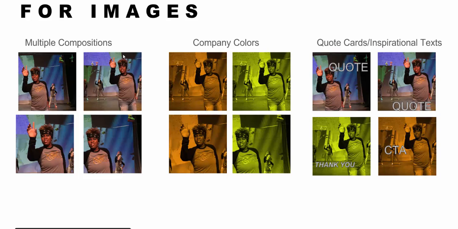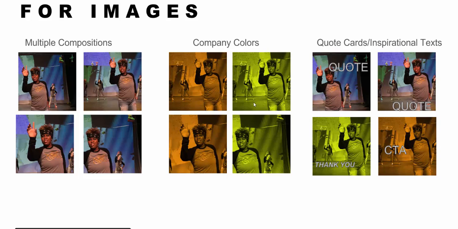So yeah, the goal is to try to get as much as we can. I'm not expecting you to go through every single multiple composition that you have, because that would take forever. But what I would like you to do is pick the best ones you think, add the company colors, and then from the company colors and the best multiple compositions, add quotes and inspirational texts.